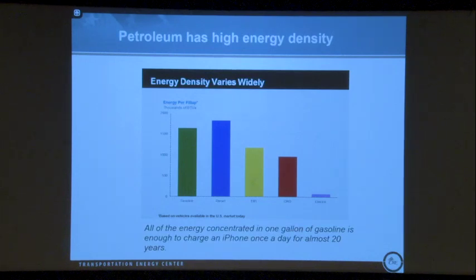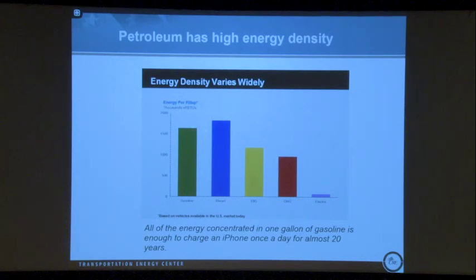I also just want to make the point, which you probably all know, that the energy density of various sources of fuel varies a lot. In particular, this plot is showing different energy densities for gasoline, diesel fuels, natural gas, and electric sources way out here in the purple column, which is negligible.